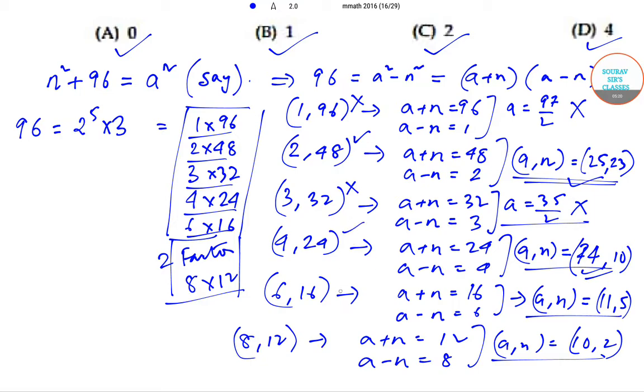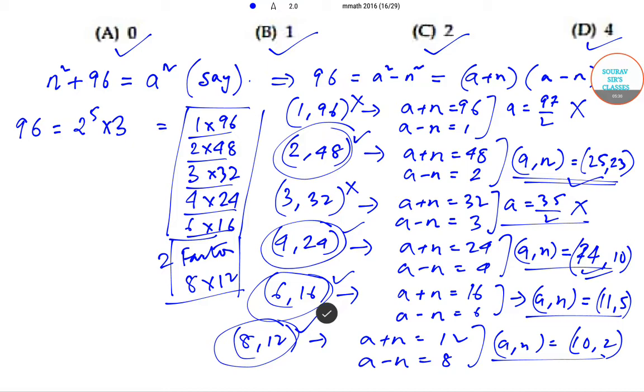This is one option, this is one option, this is one option, and this is one option, for which n square plus 96 is a perfect square. So in that case we will find out that n will take the value 23 from here, 10 from here, 5 from here, and 2 from here.